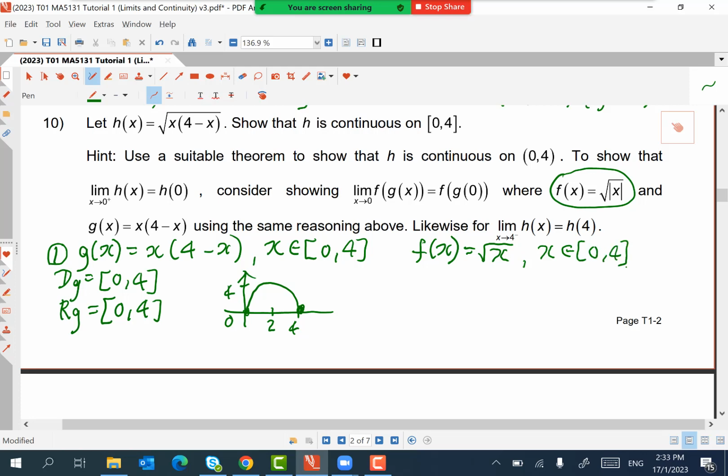Alright, now to prove that this function h(x) is continuous on a closed interval 0 to 4, we have to do two things.